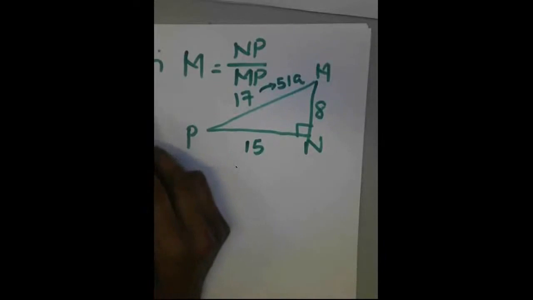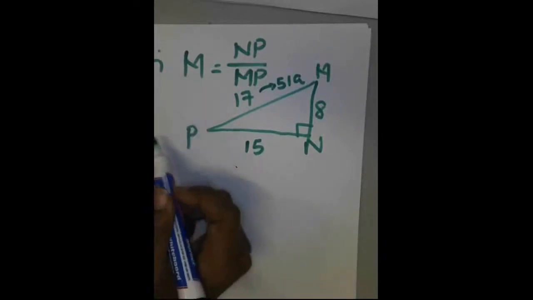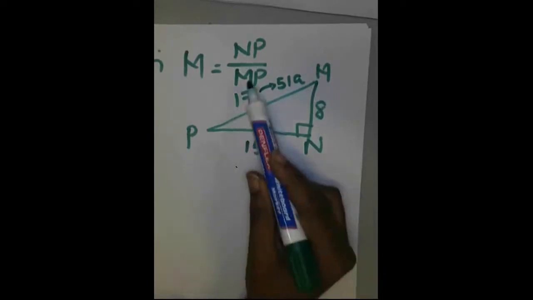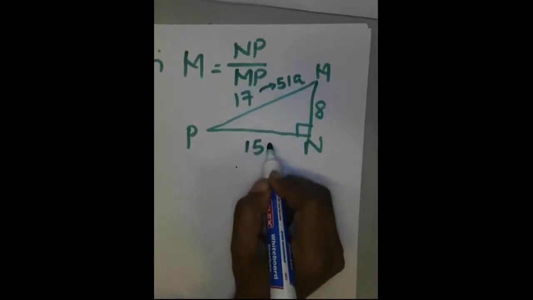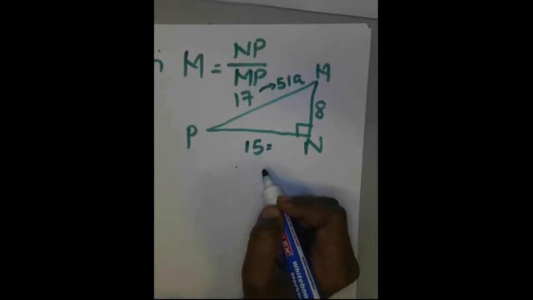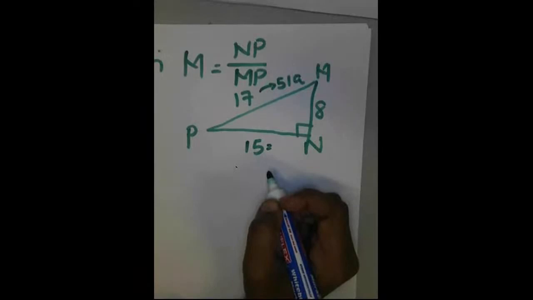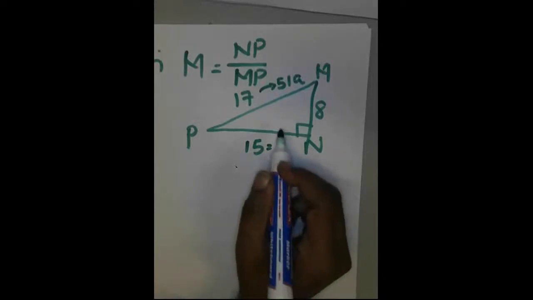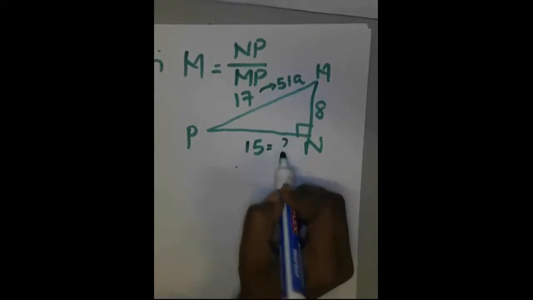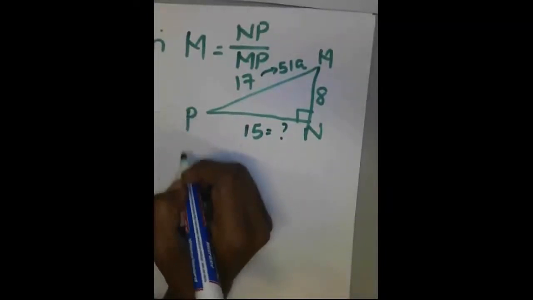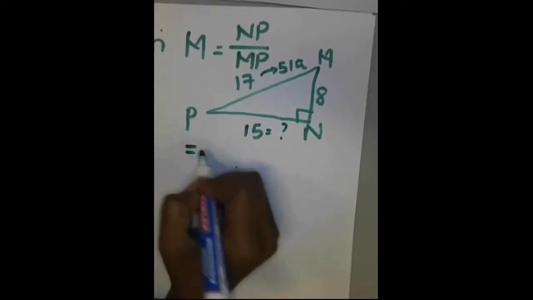So, if I look at sine of M, it is going to give me NP over this one. MP is 51. Did I say MP is 51? Yeah, MP is 51. So I'm going to find this length in terms of A. So, guess what I'm going to do? I'm going to say that NP is what?